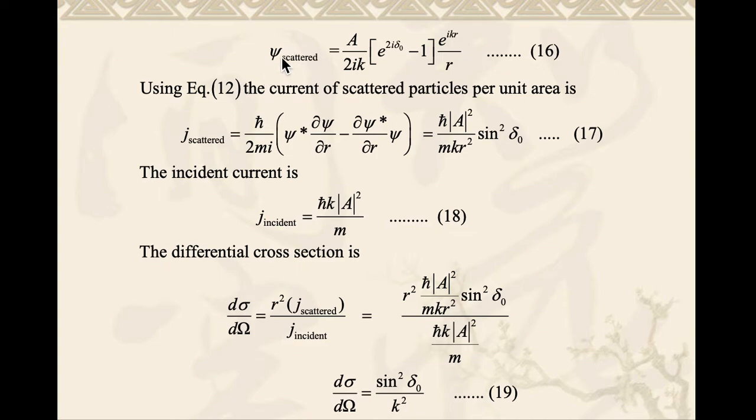Find psi star and also d psi star by dr. On solving this, you get: h cross A square by m k r square sine square delta 0.